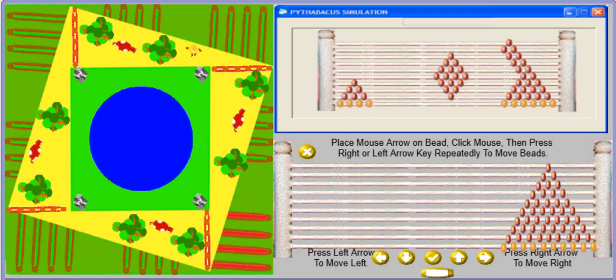Note on the simulation of the Pythagorean, the 4 times 4 quadrilateral. It represents the square of farmland illustrated in the picture.